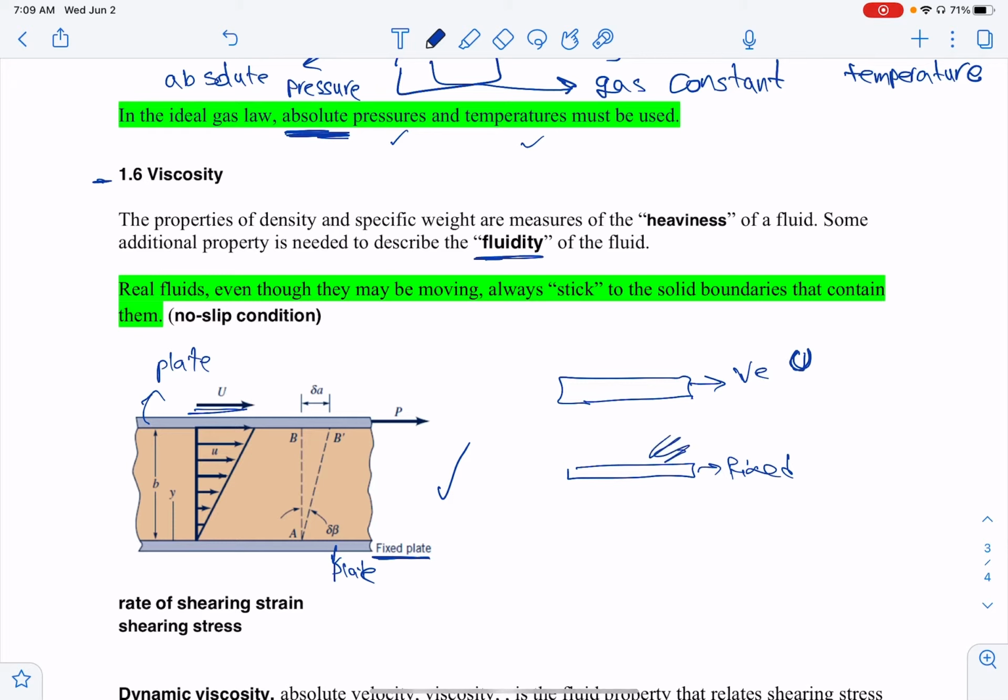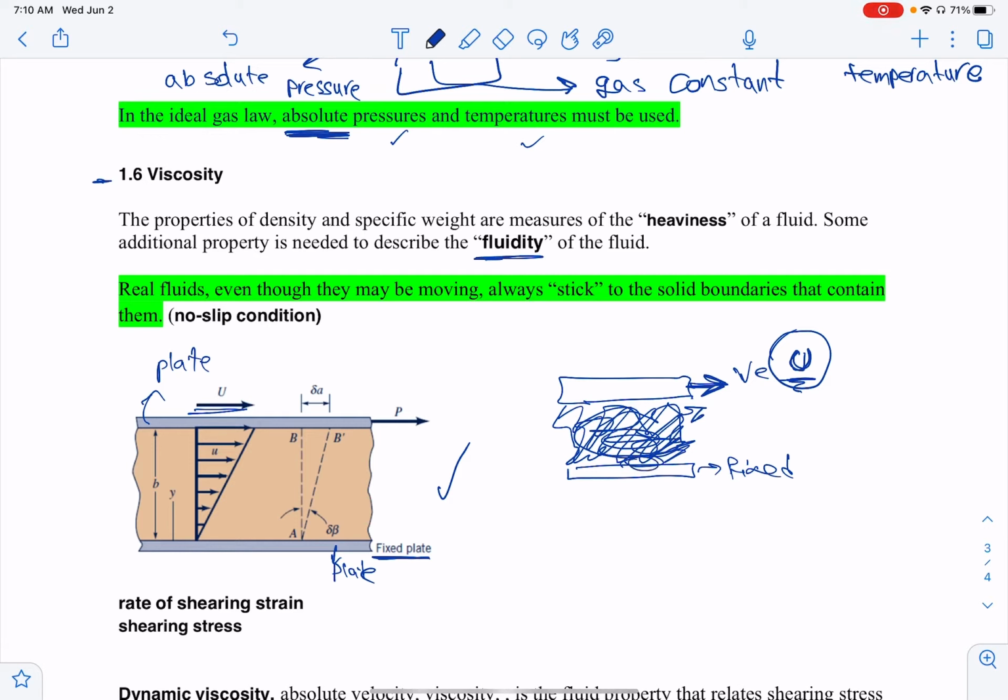There is liquid here, let's say water. If this plate is moving with velocity u, then the fluid next to it is moving with velocity u.